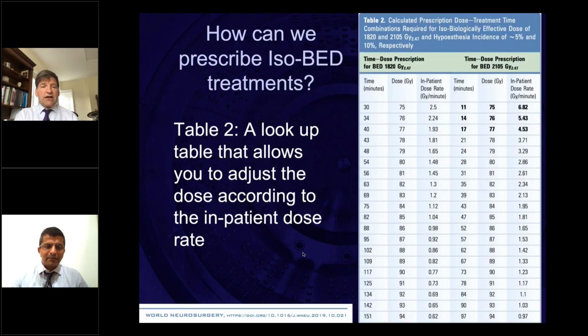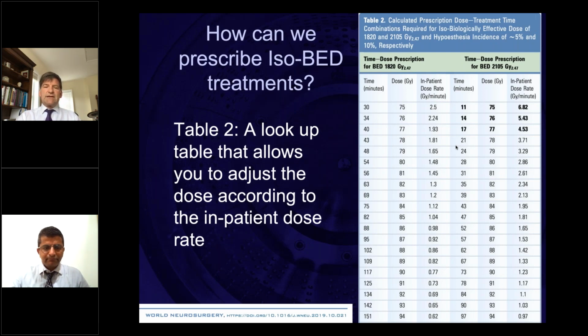And so we published a lookup table that allows you to adjust the dose according to the inpatient dose rate. So if we look at the 3 columns on the left, if we want to prescribe a BED of 1820, which corresponds to a 5% incidence in hypoesthesia, we look at the inpatient dose rate, that's column 3, and let's say we have an inpatient dose rate of 1.2 gray a minute.